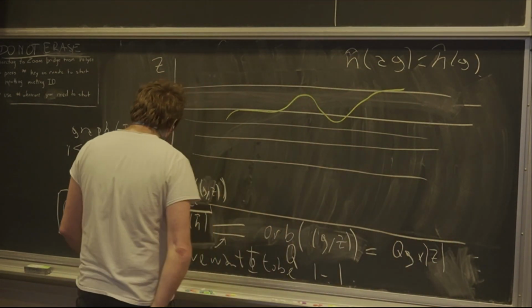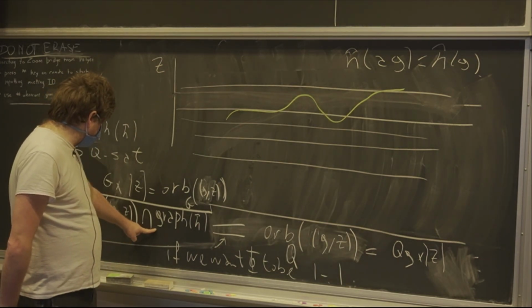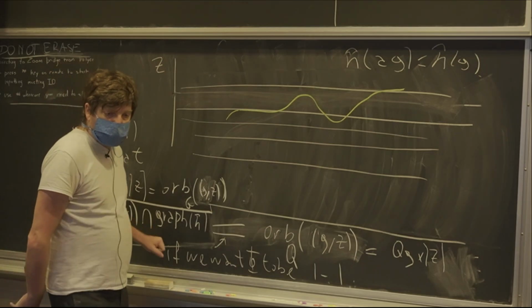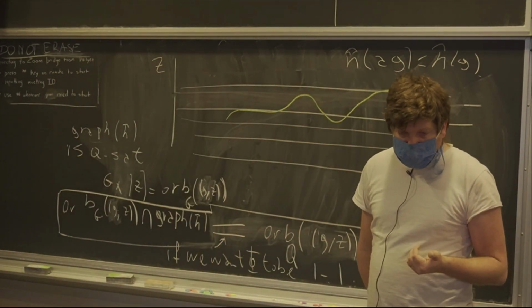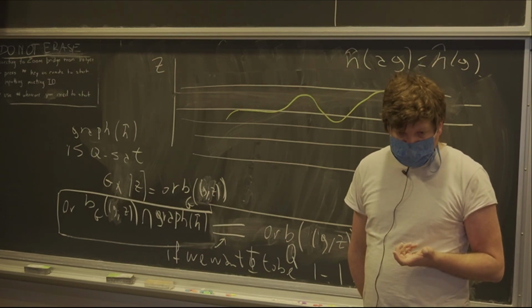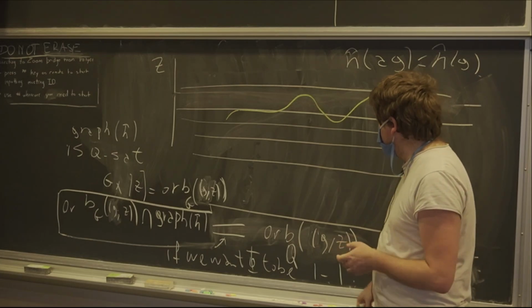So what I wrote here is a set, which is this intersection of the graph, but this set carries a measure. And what is the measure? Well, let me tell you.